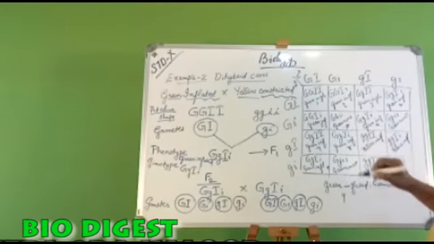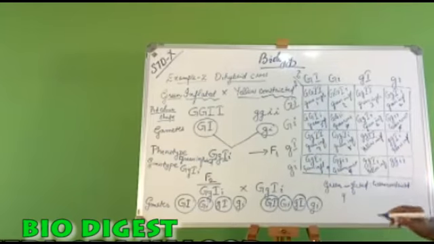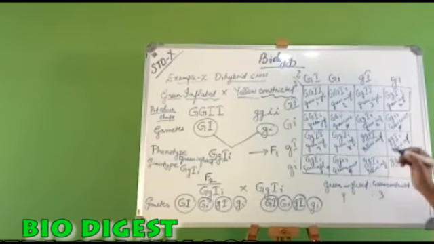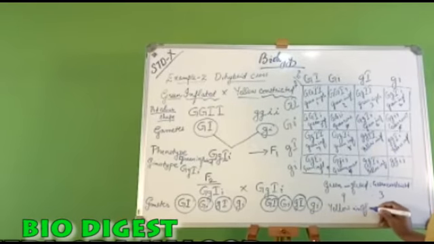Here 1, I am drawing a star for green constricted, 2 green constricted, again 1 more. So that is 3 green constricted is to how many yellow inflated?